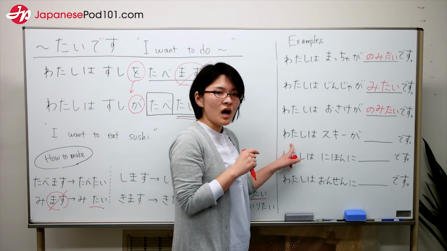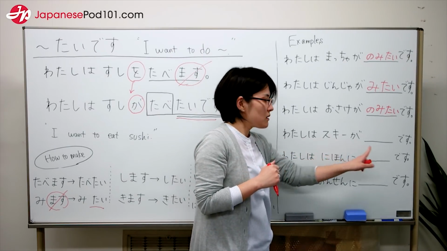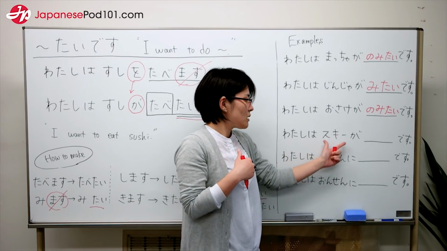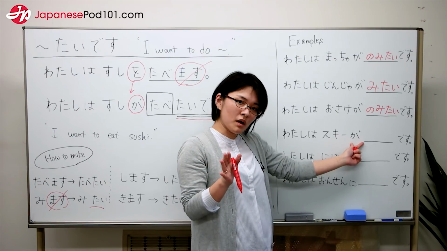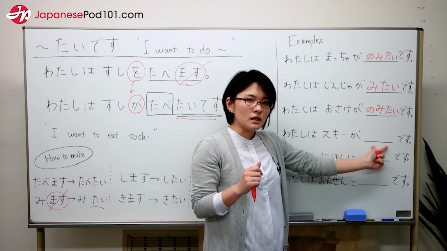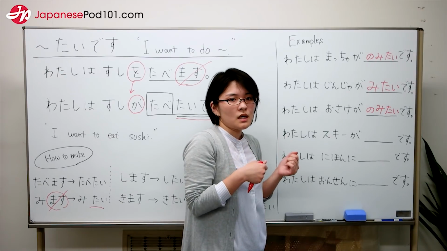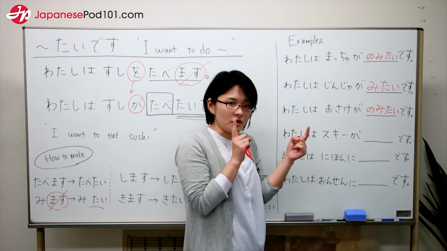The fourth one, I want to ski. 私はスキーが something です. 私は is I. Ski means skiing. Then the object marking particle. And the missing part is do. In Japanese, to ski is スキーをします. So します is the verb.